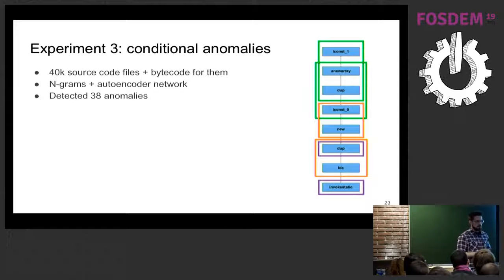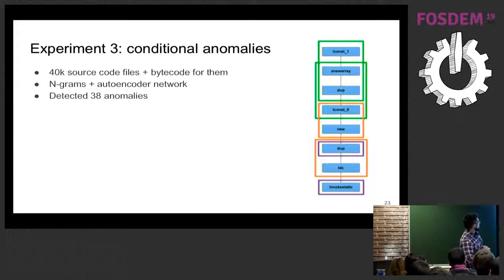That way, we managed to grab around 40,000 source files and bytecode for them, so we can compare the anomalies. The approach was the same, using n-grams and an autoencoder network, and we looked for anomalies in one case and not anomalies in another.